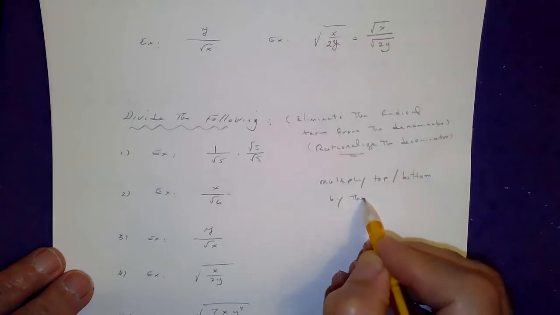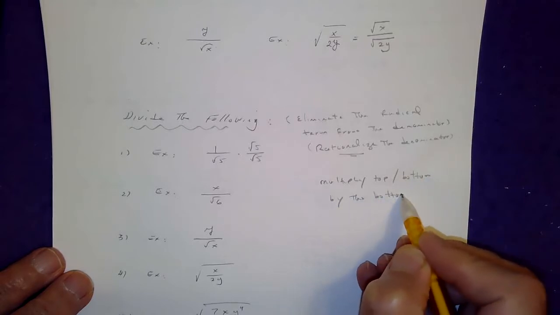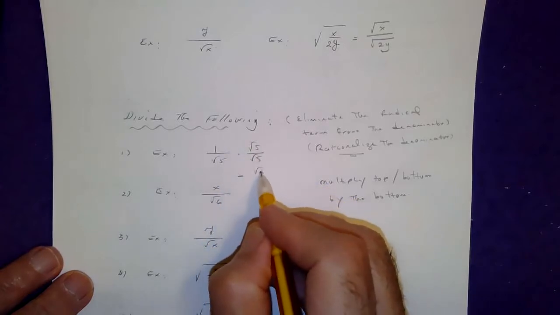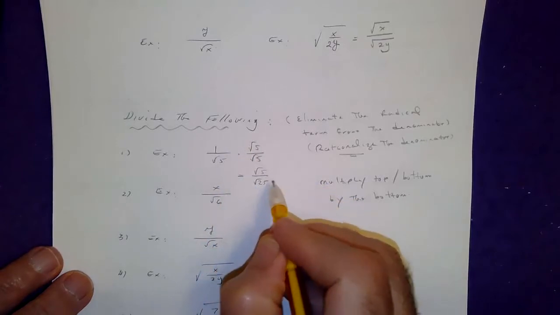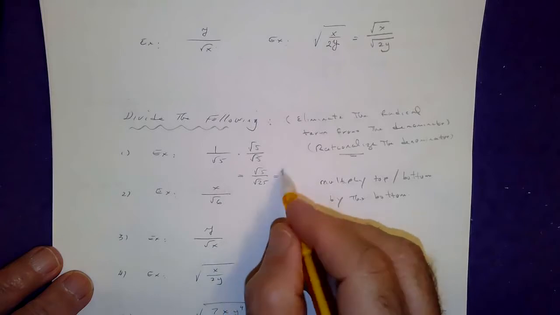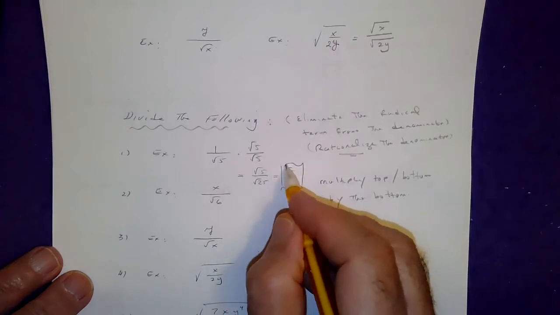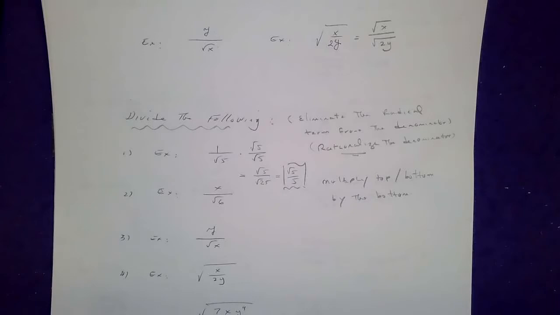Why? Because this gives you square root of 5 on top, square root of 25 at the bottom, but square root of 25 is 5. We are done with division of radical. Yes, it is as easy as it sounds.